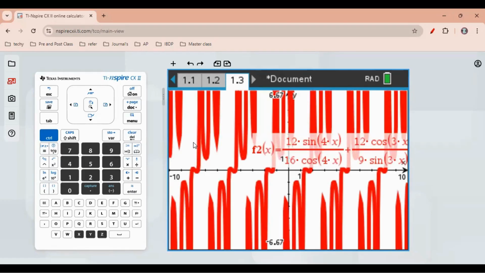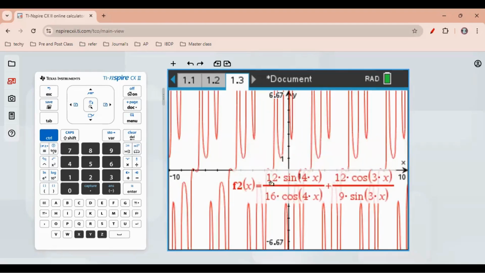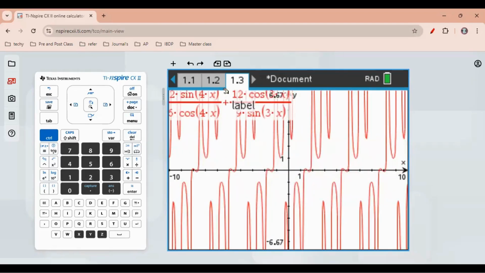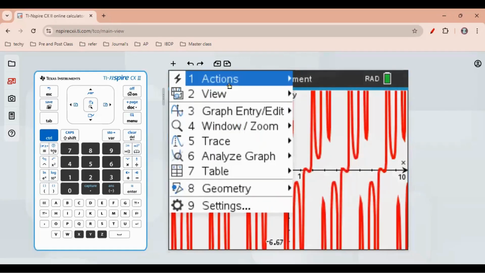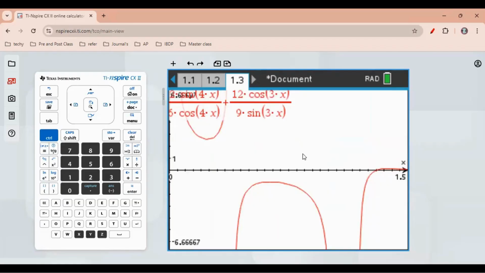When we graph this, we got this kind of scenario, and I'm going to look for the timestamp between 0 to 1.5 they have given, right? So let's make the window settings as 0 to 1.5, and also 0 and 1.5 are not included. So this is what I got.